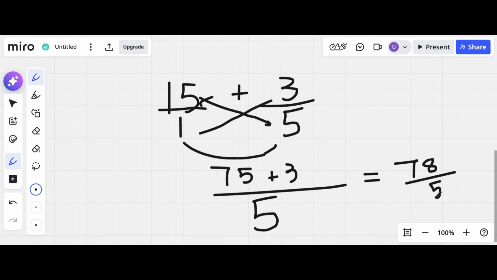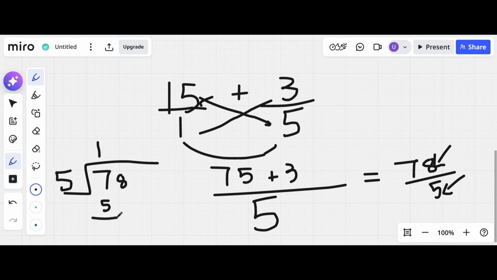Now, this is our number, but we're not complete yet because this is an improper fraction. An improper fraction is when the top number is greater than the bottom number. So we have to make this into a mixed number. How do you make it into a mixed number? 78 is the top number, divided by the bottom number, 5. That's 1, that's 2. 8 comes down. 8 minus 5 is 3. 2 minus 2 is 0.